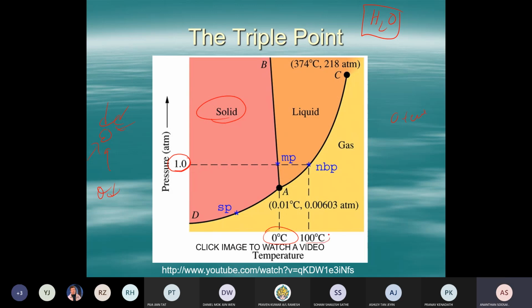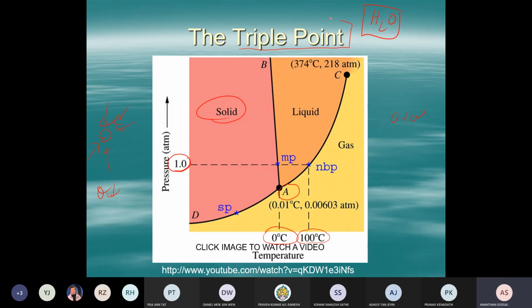The liquid and gas phase border crosses at 100 degrees Celsius. So you only see the border between solid and liquid at 0 and liquid and gas at 100. But you can meet all these three borders at one single point, point A. Okay. This point is called the triple point.